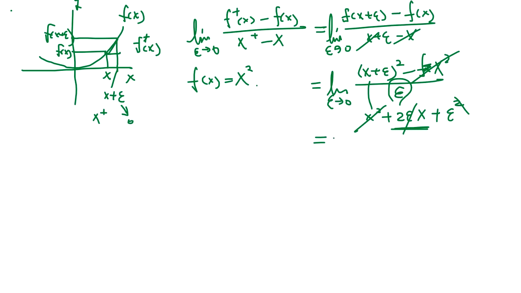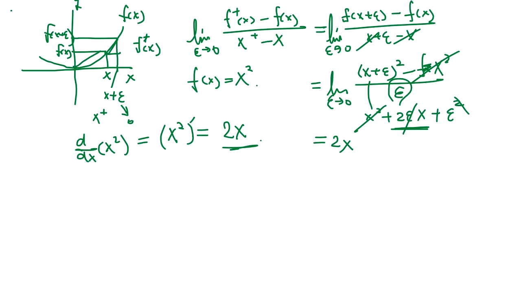So the answer is 2x. So the derivative function of x squared, you can write it this way or this way, it doesn't matter, is 2x. This 2x is a new function, and that shows the tangent of f(x) at the point x.